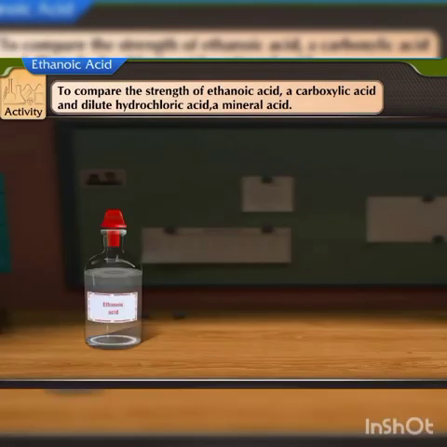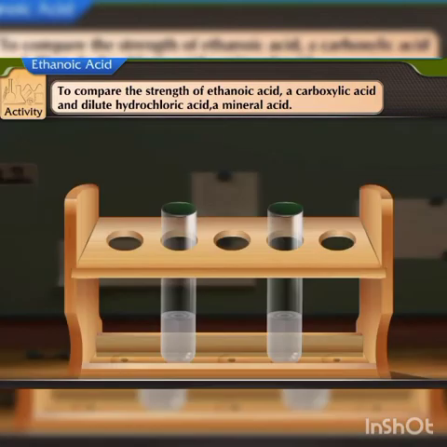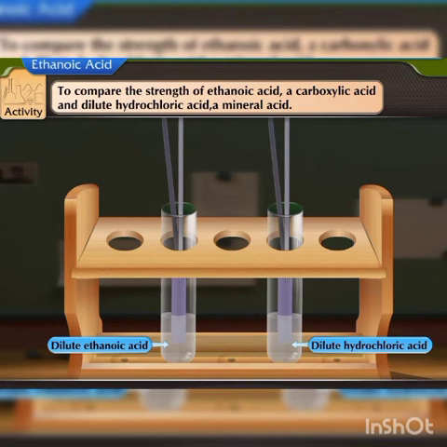Let us perform an activity to compare the strength of ethanoic acid, a carboxylic acid, and dilute hydrochloric acid, a mineral acid. Take some dilute ethanoic acid and dilute hydrochloric acid in separate test tubes. Dip a blue litmus paper in each test tube.